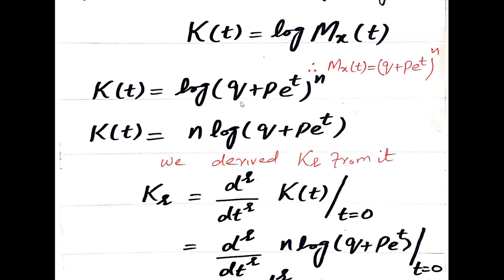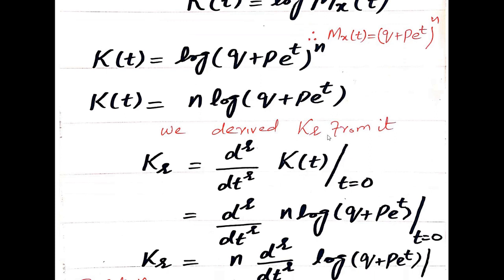According to this, our positive number is q + pe^t, and it is equal to the product of the power and the log of this number. So n times log of (q + pe^t). We apply here the power rule of logarithm.